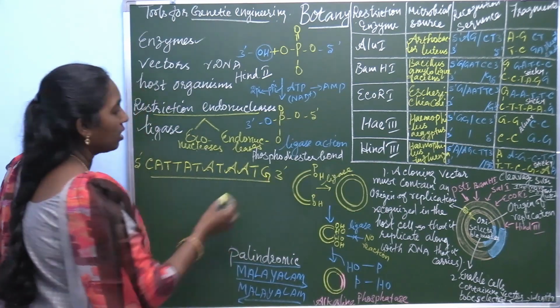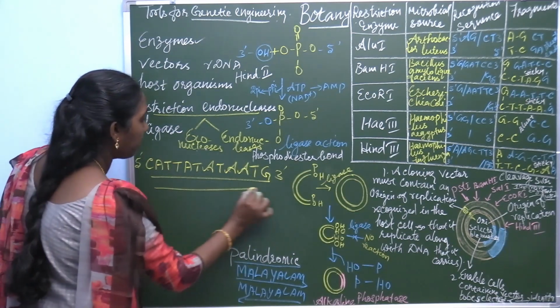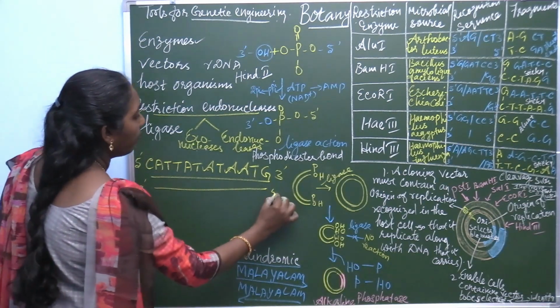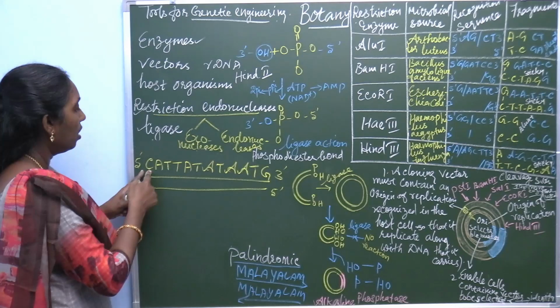So this is one strand, and here 3' to 5', what is the complementary pair?